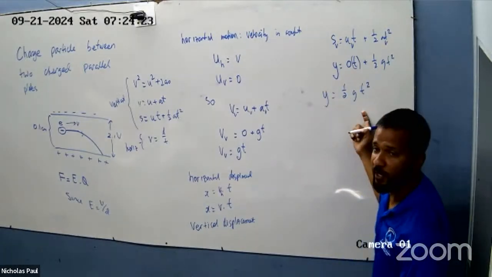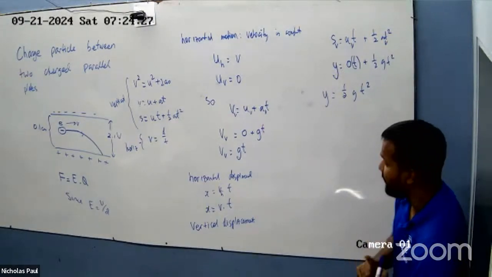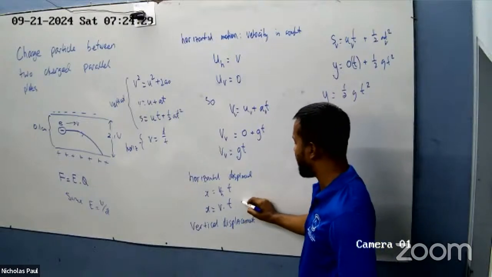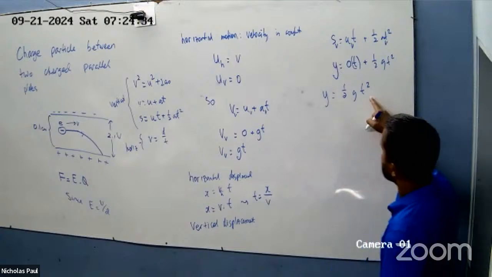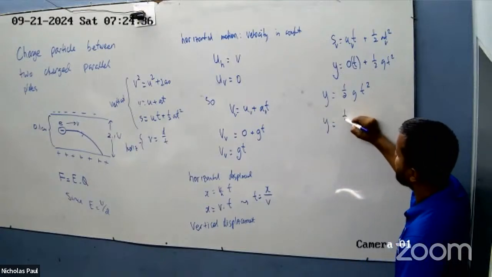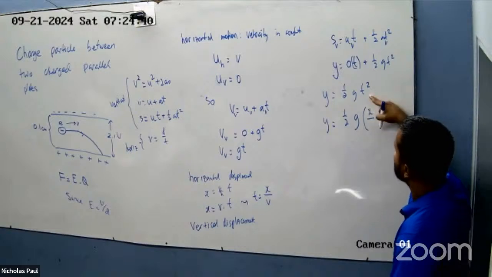When I reach here now, there's something I have to do. Very good, make t the subject. So t is equal to x over v. When I put it here, I get y is equal to half g times x over v, all squared.